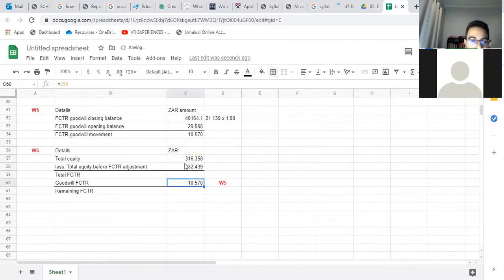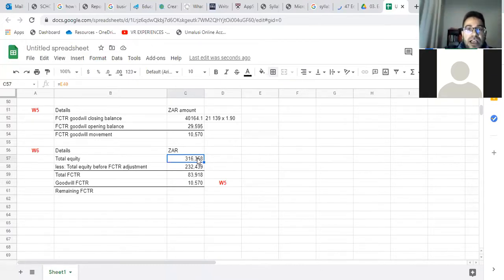So pay careful attention to how you get 316,358. It is total equity in foreign currency multiplied by the closing rate. How do we get total equity before FCTR? It's taking all the transactions of equity multiplied by the applicable exchange rates, adding the opening balance plus that, and you get a balance. You will realize that balance versus the closing equity times the closing rate will be different, and that is as a result of the different exchange rates.